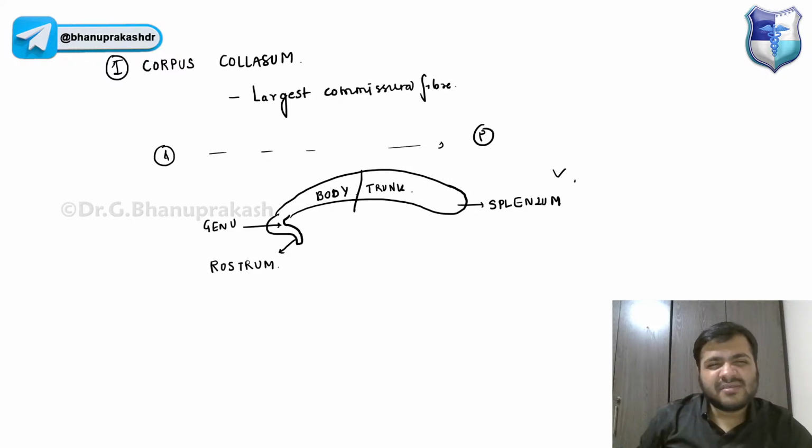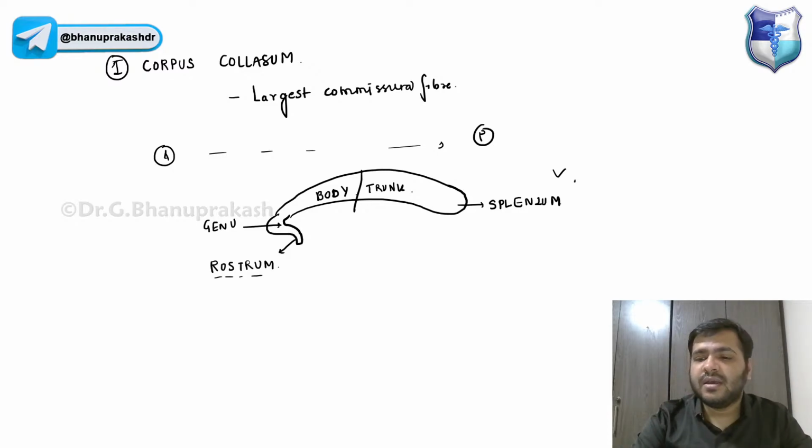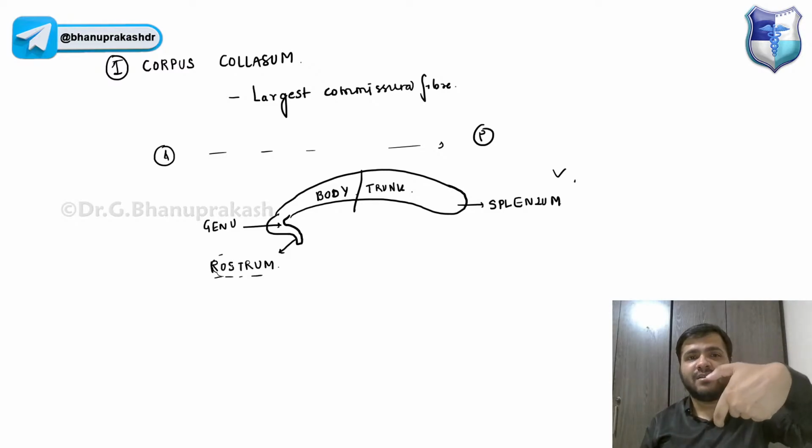Now, rostrum, as the name suggests, should be the most anterior, guys. Try to listen over here. As development takes place, this white matter bundle, obviously these are all white matter only, the rostrum is in front, but it bends forward and then downward, and goes back.